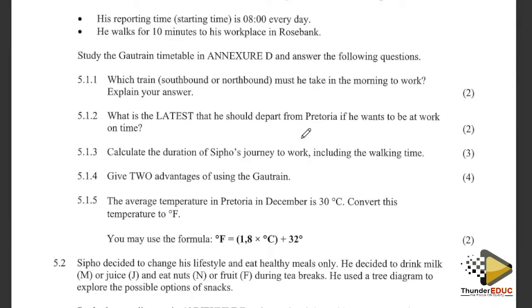He walks for 10 minutes to his workplace from the Rosebank Gautrain station. Study the Gautrain timetable and answer the following questions.